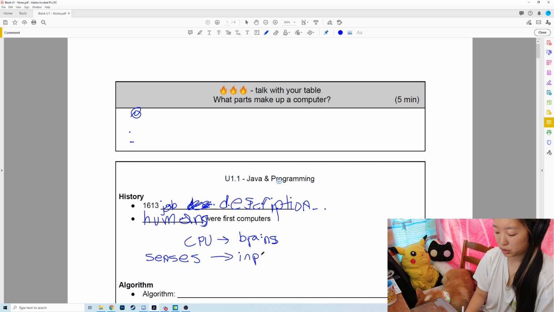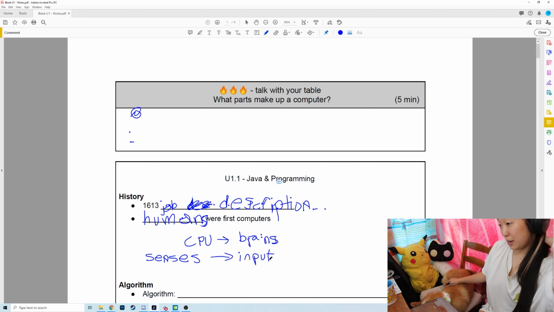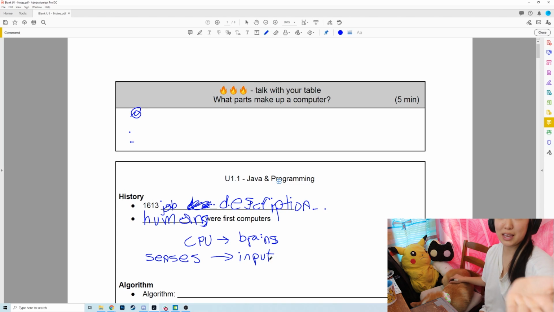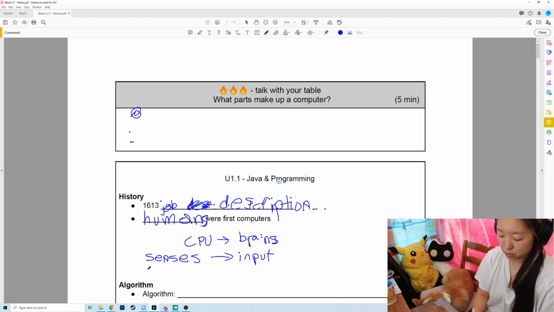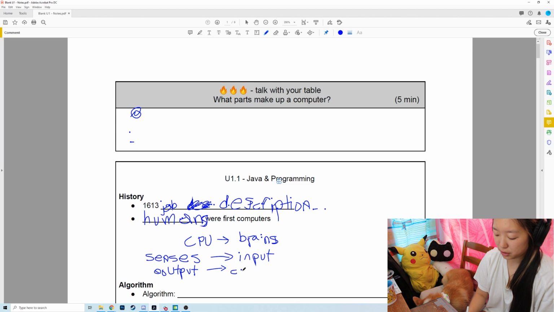So this could be your keyboard, your mice, your microphones, and in this case I have a camera as well. And of course your outputs would be whatever you process. So maybe the output would be like the computations that humans would do.